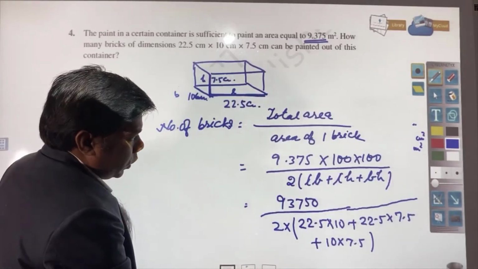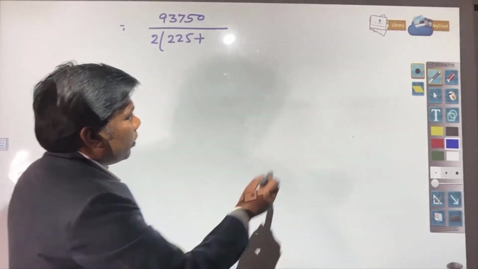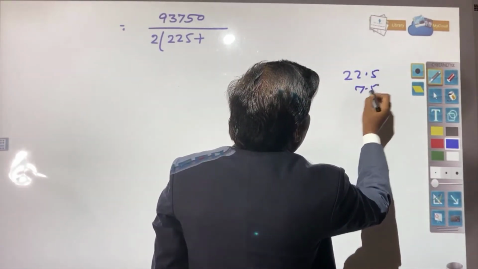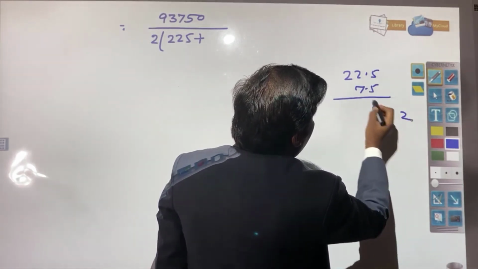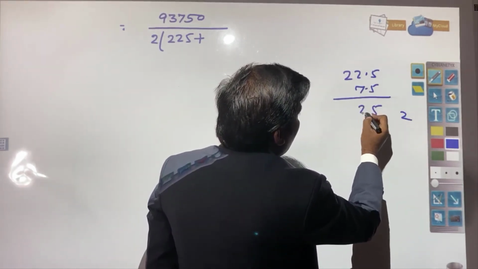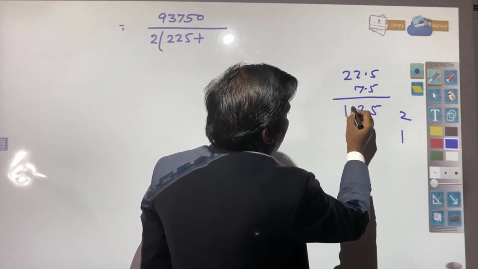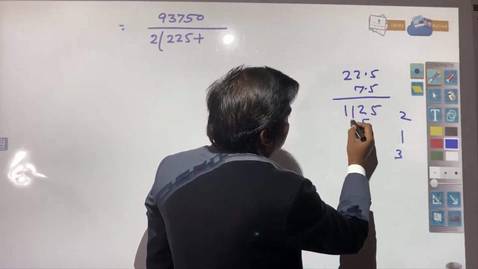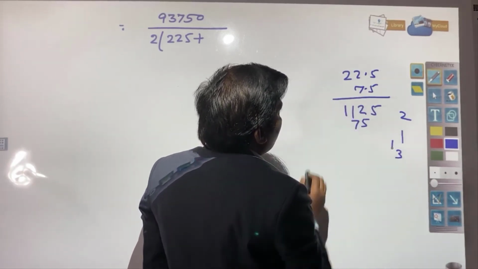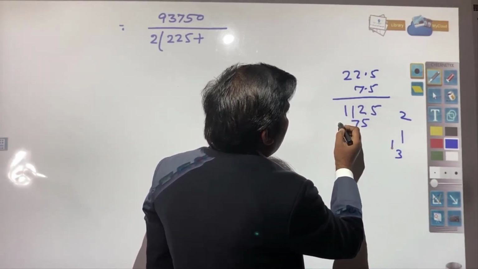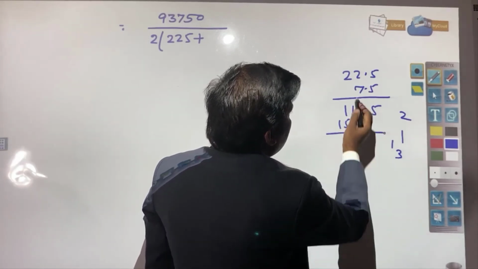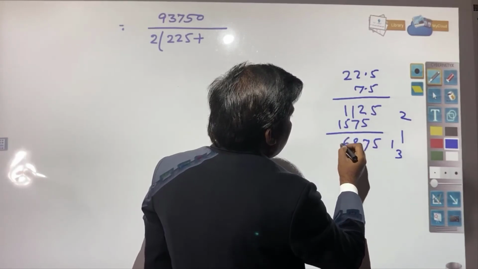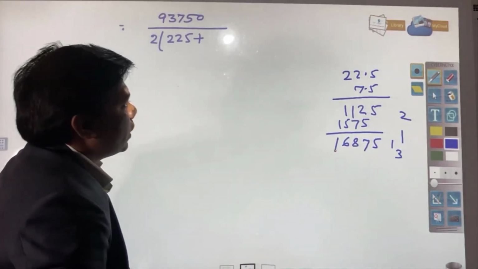Here we have 22.5 into 7.5. 5 5 is 25, 5 2 is 10 and 2 12, 5 2 is 10 and 1 11, 7 5 is 35, 7 2 is 14 and 3 17, 7 2 is 14 and 1 15. This gives 16875.